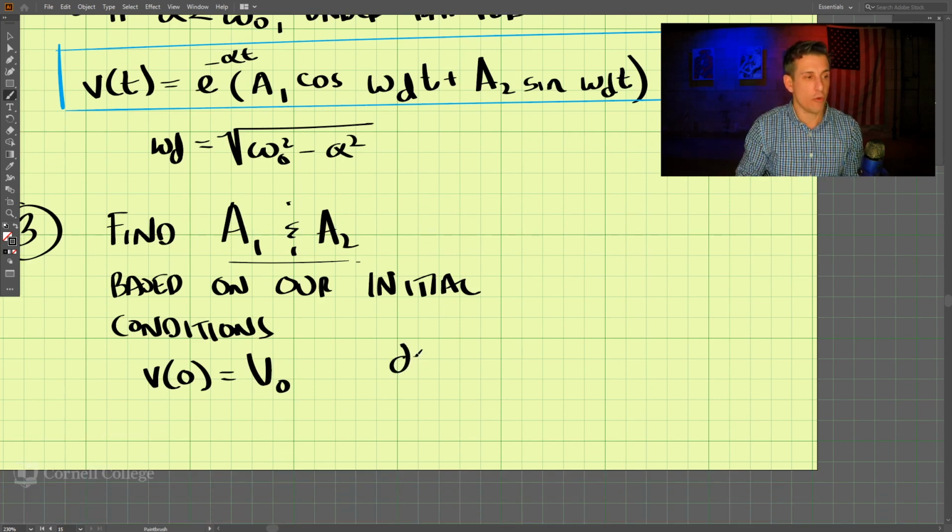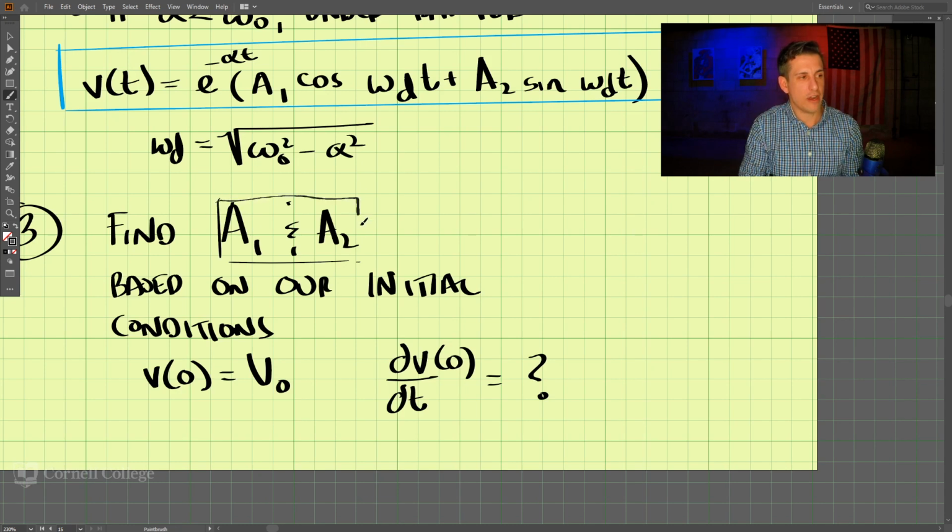Additionally, if we know the derivative of the voltage at time 0, we can take the derivative of these equations and set them equal to the known value to help figure out A1 and A2. So to figure out A1 and A2, we need two equations. So usually we use this and we use the derivative to be able to figure this out.